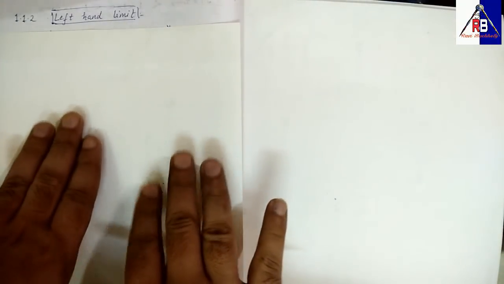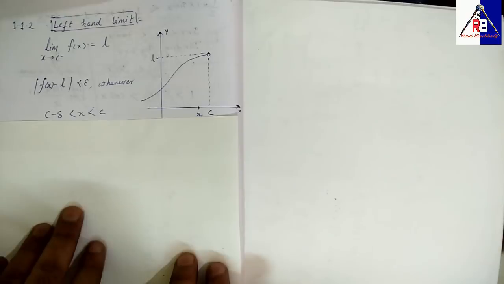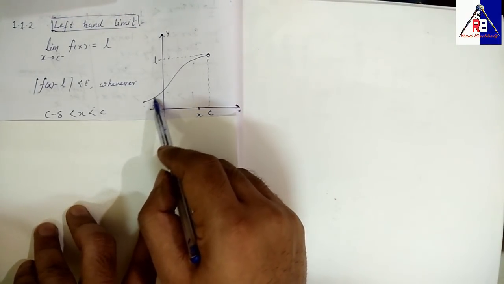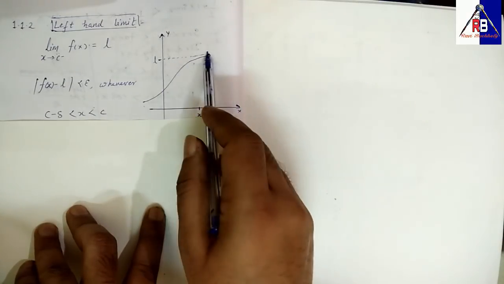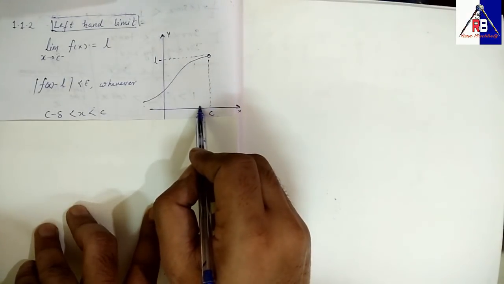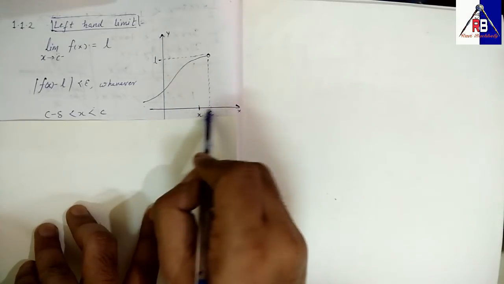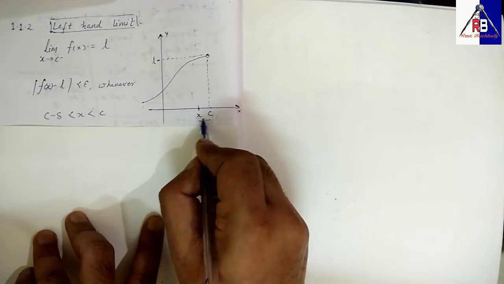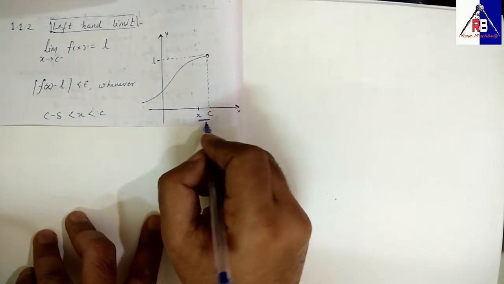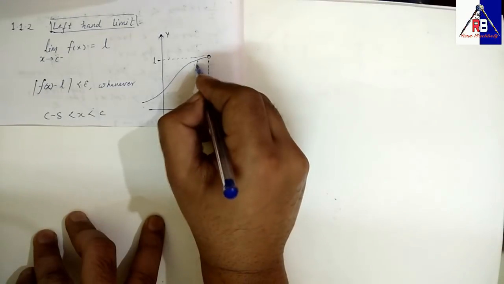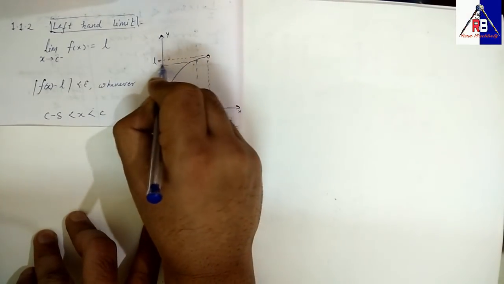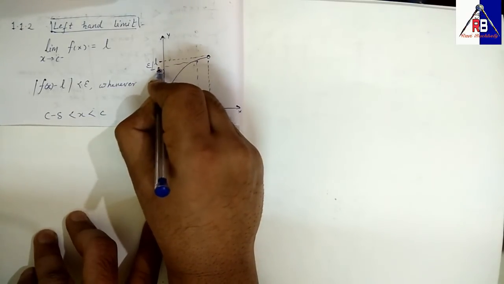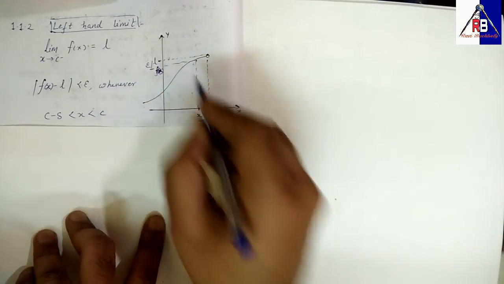It says, a function f is said to tend to a limit L as x tends to c from left, if given any epsilon, this is delta as previous, and this is epsilon. By now you must know this.